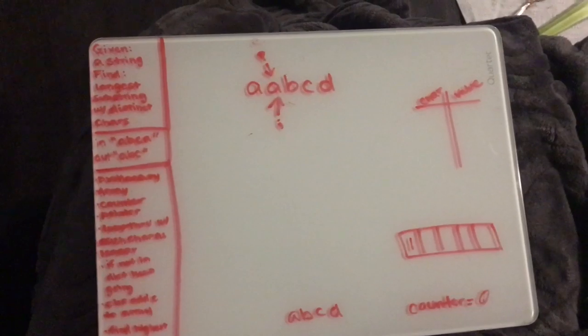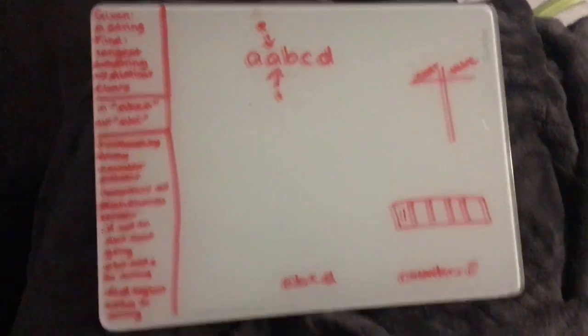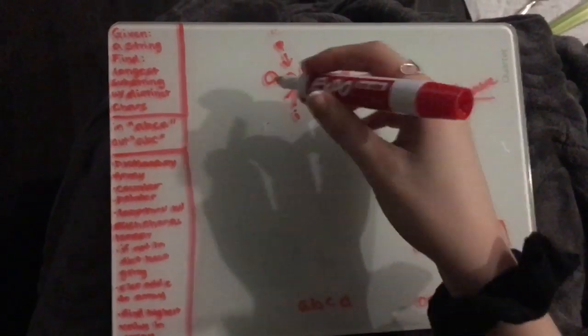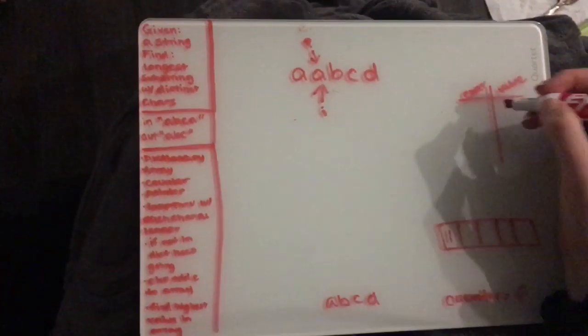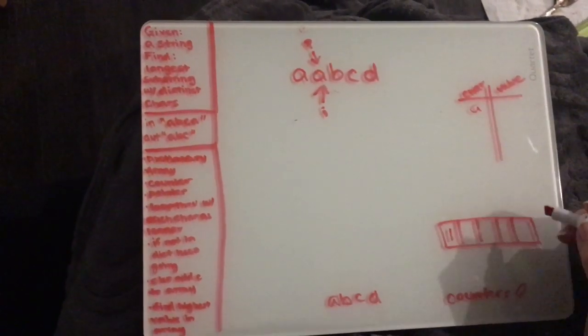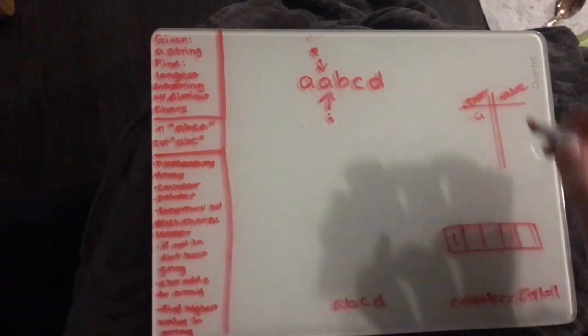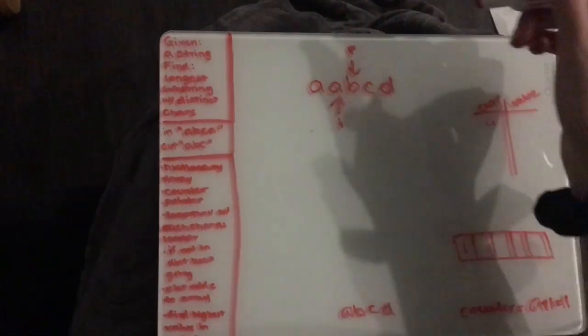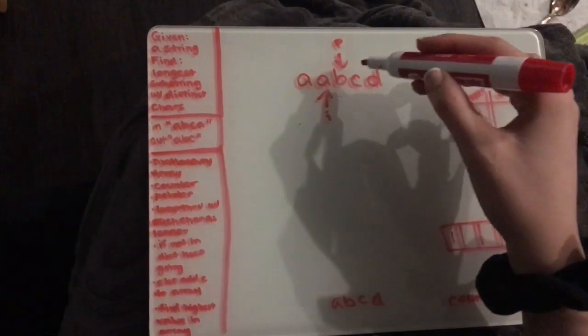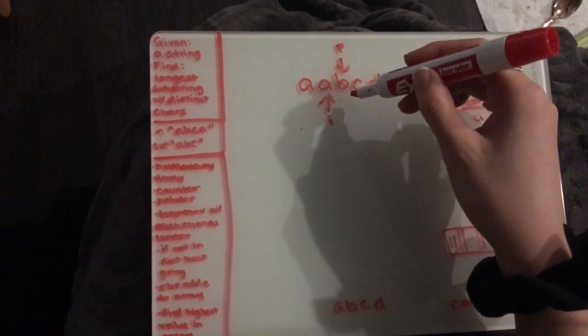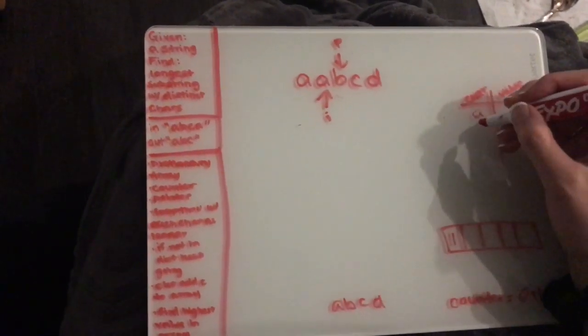Now in this scenario, our I is at A, is A in the dictionary, our pointer's at A? No. Increase our counter. Then we move our pointer. It's then equal to B. Is B in the dictionary?